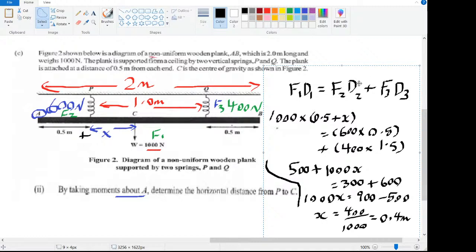What working wrong there? 300 plus 600. But you know, that's how it is. Okay.